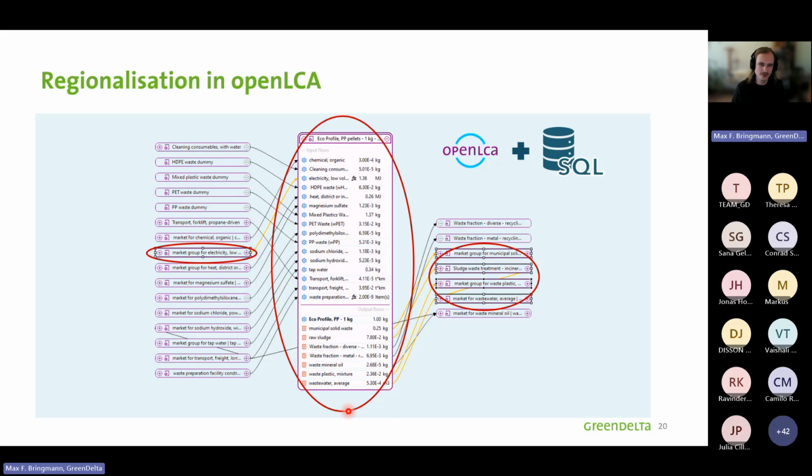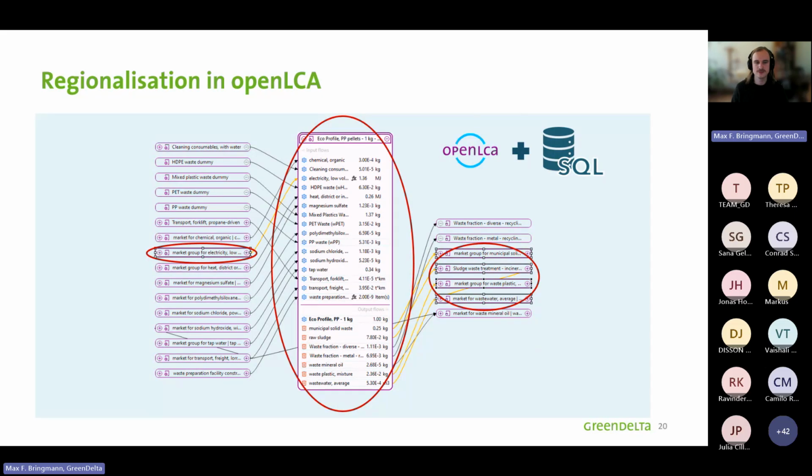So what we have here is one inventory for the production of 1 kilogram of PP. I think this is pellets in this case. It is. And then this is connected to the background database for specific processes. And you can see here that we have waste treatment processes and electricity processes connected.